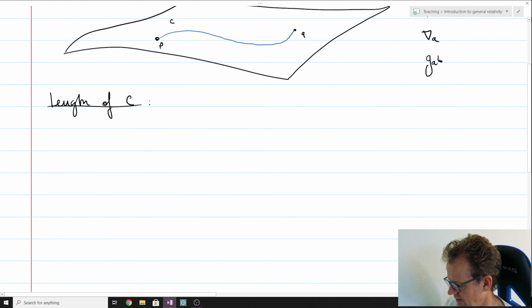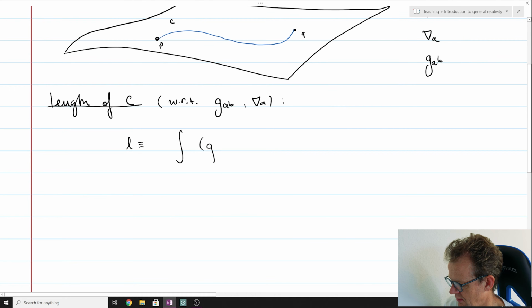So the length of C with respect to g_ab, nabla_a is just defined to be the following expression.